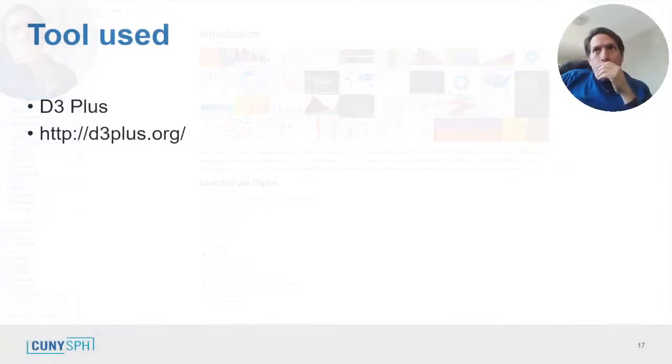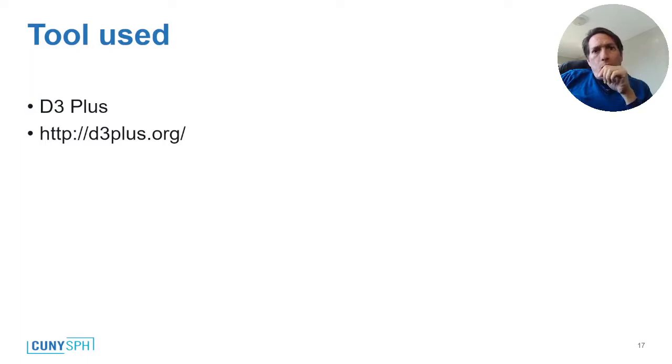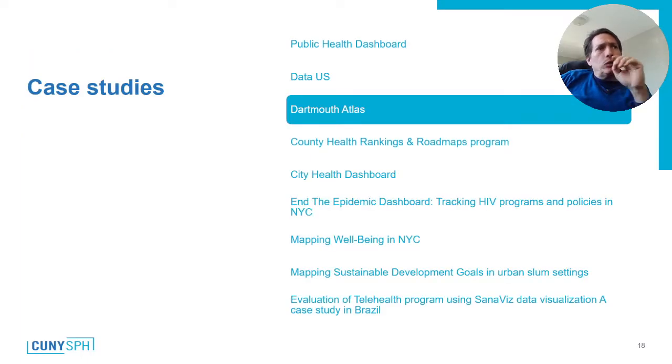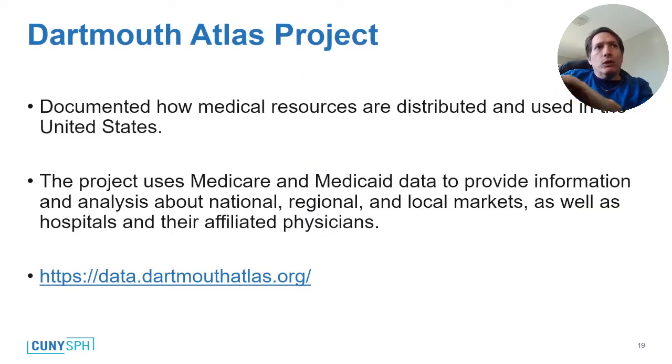Now, the third one that I want to introduce to you is the Dartmouth Atlas. The Dartmouth Atlas project is a project from the university and documents how medical resources are distributed and used in the United States.